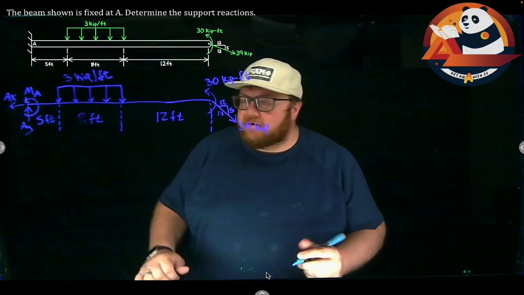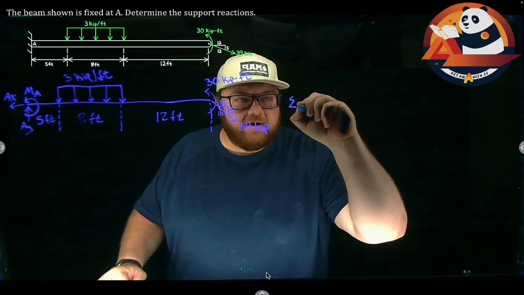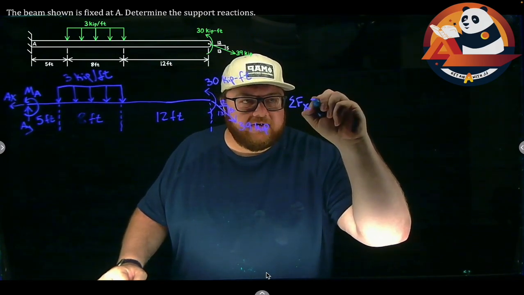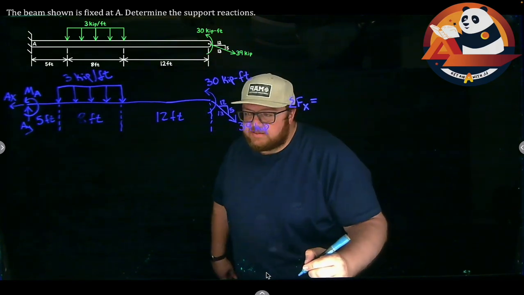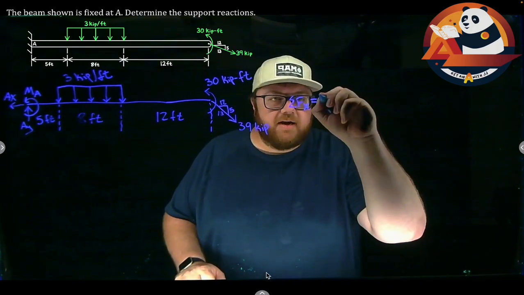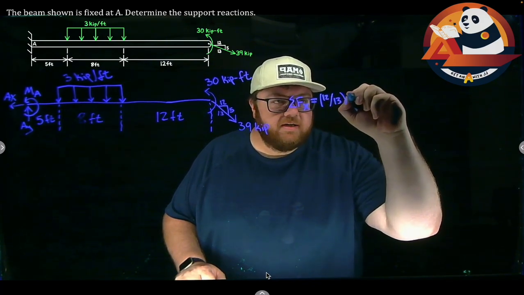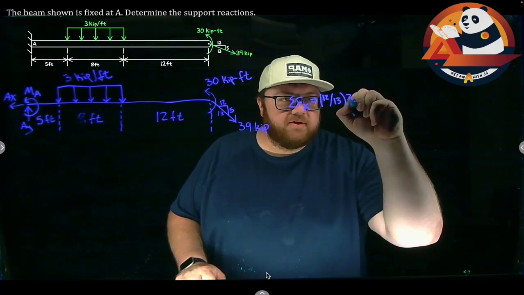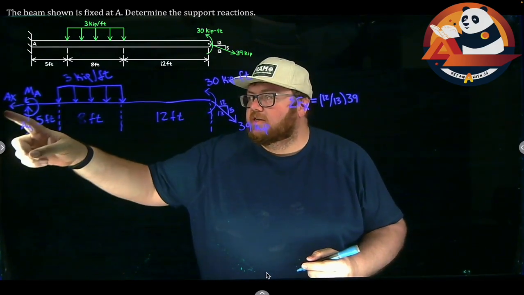I'm going to start by summing forces in the X first. I'll get it up over here. If I sum up my forces in the X direction, I have the X component of this 39 kip force, and that would be the X leg of the triangle, 12 divided by the hypotenuse, 13, times the force, times 39. The only other force that points in the X direction is AX.